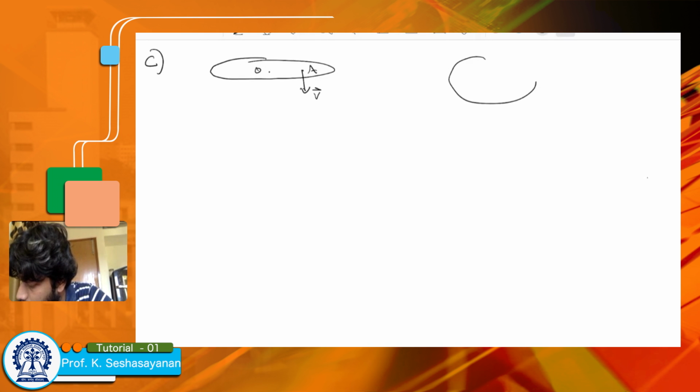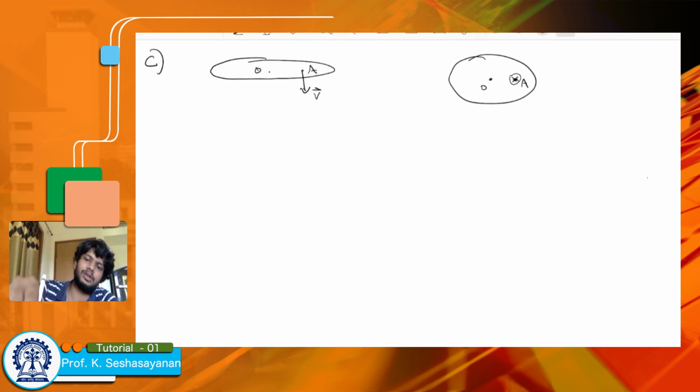So in the top view you have O, you have A, and the ant has a velocity which is going into this view. It's going downwards, and the question is, how does the ant move in the inertial frame of reference?